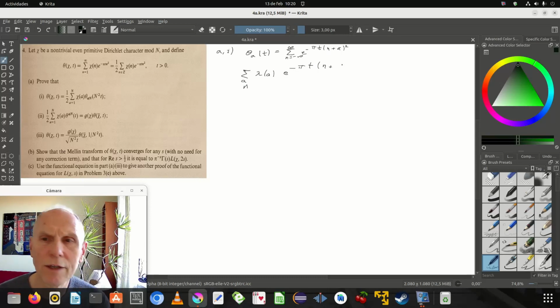And that's A divided by N squared. And we should be able to rewrite this to something like this.